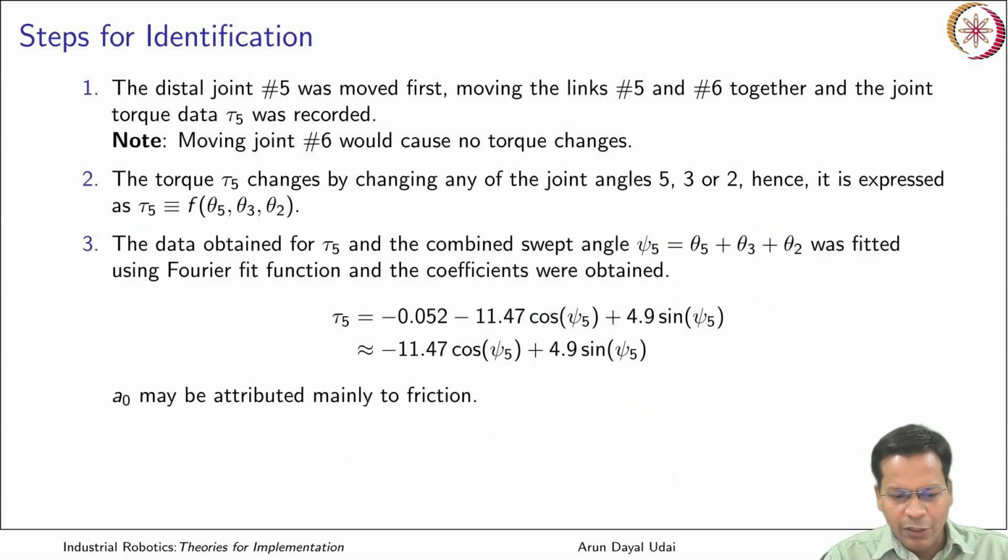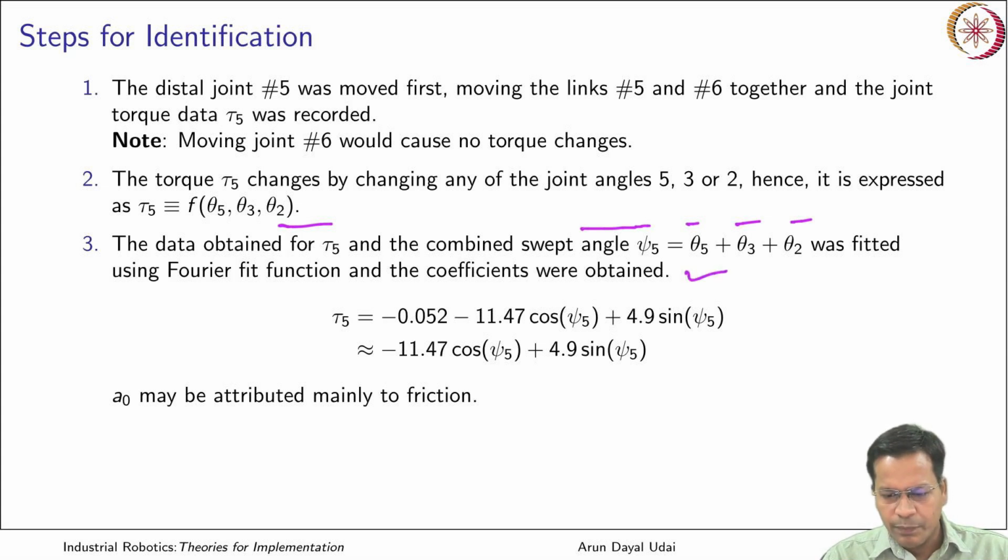Okay, so the data is obtained while link 5 is moving, and combined swept angles. So psi 5 is equal to theta 5, theta 3 and theta 2 summed together, was fitted in this Fourier fit function, and coefficients were obtained.